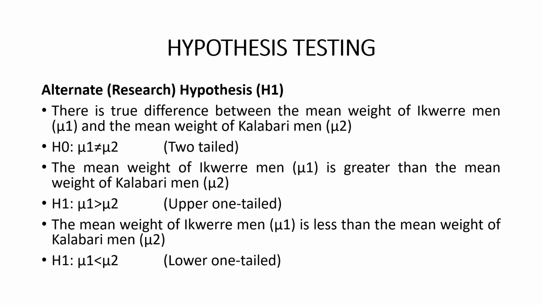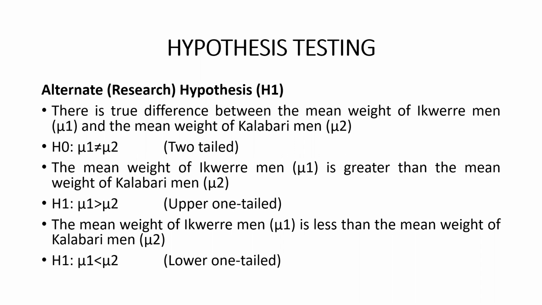The alternate hypothesis is less precise because there are so many ways you can write it. You can say there is a difference between the mean weight of Ikore men and the mean weight of Kalabari men. In this one, you're not saying who has the higher mean weight. You just say there is a difference.